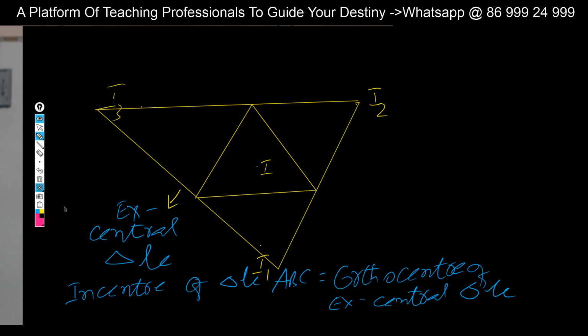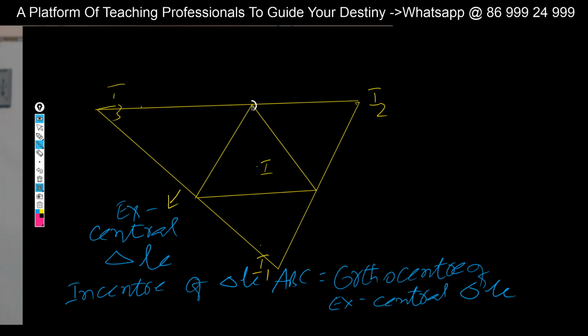You have to understand, this is the internal angular bisector of triangle ABC.